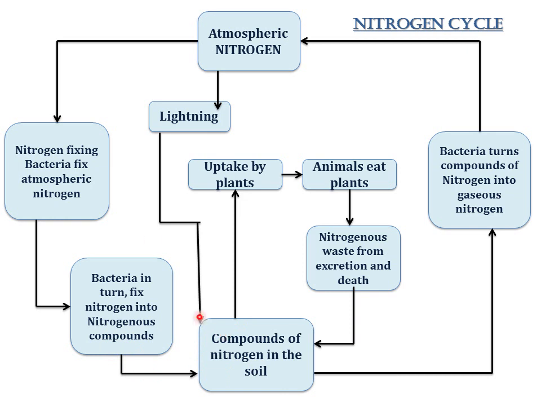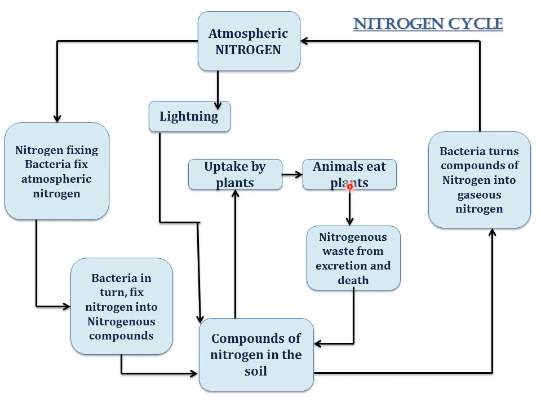Now, nitrogen can also be fixed with the help of lightning. That is, an enormous amount of lightning breaks the nitrogen molecules and they combine with the oxygen in the air, forming nitrogen oxide, and when it rains, it goes back into the soil. Now, these compounds of nitrogen are taken up by the plants. And when animals eat these plants, the animals get the proteins and nitrogen compounds as well.